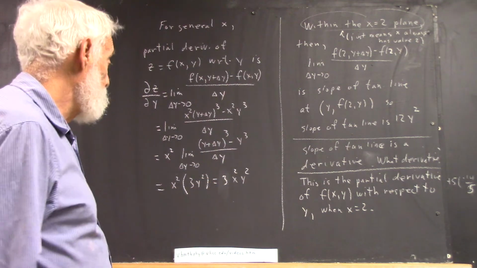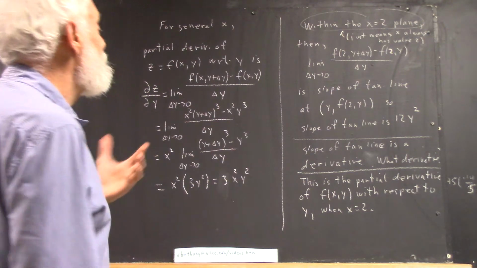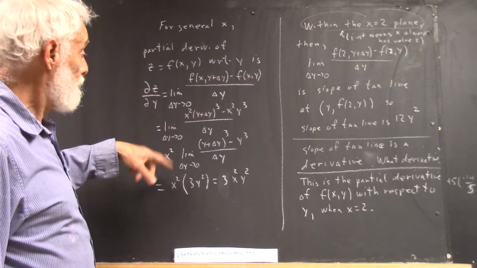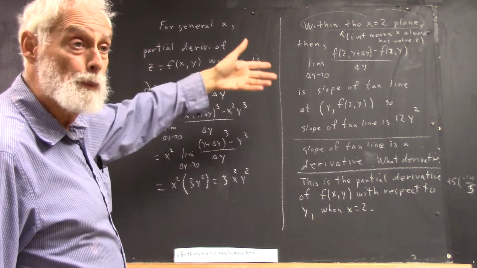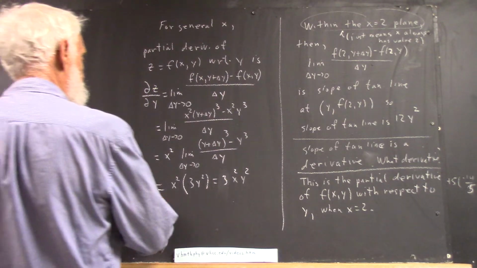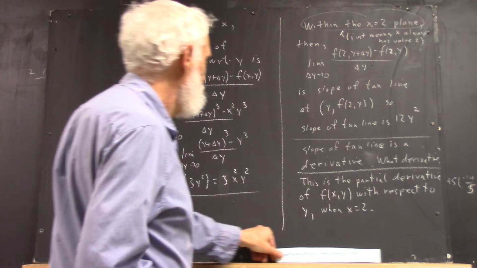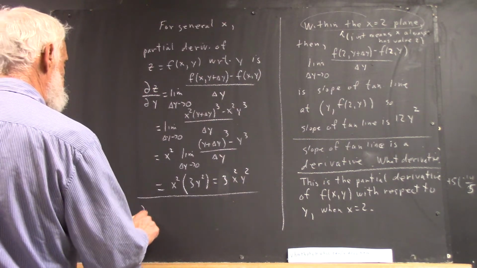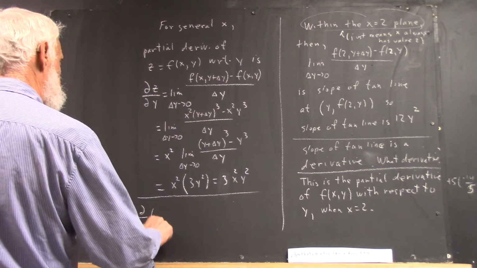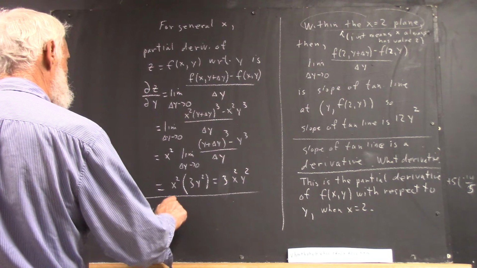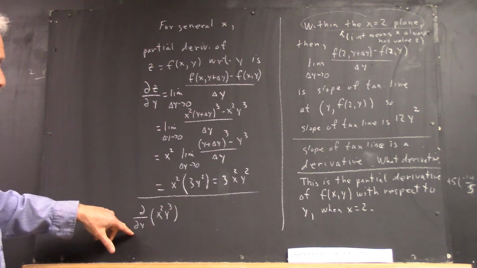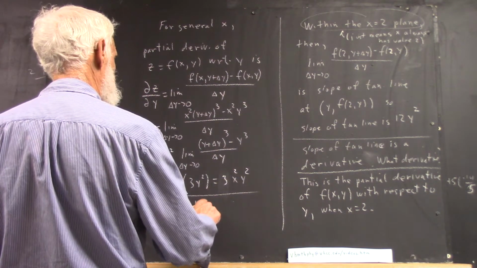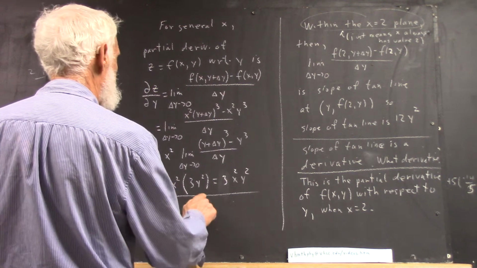Now, the process of taking the partial derivative probably won't surprise you too much. We're keeping x constant and taking the rate of change with respect to y. And they're very easy parallels that you can work out rigorously. But to do the partial with respect to y of x squared y cubed, we're holding x constant.